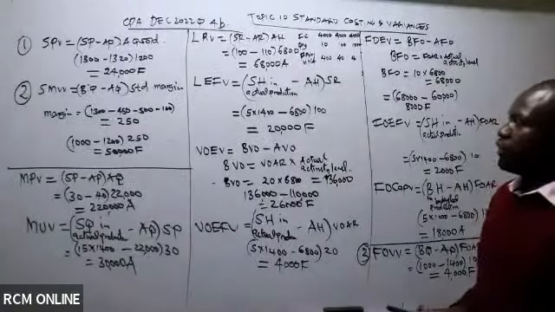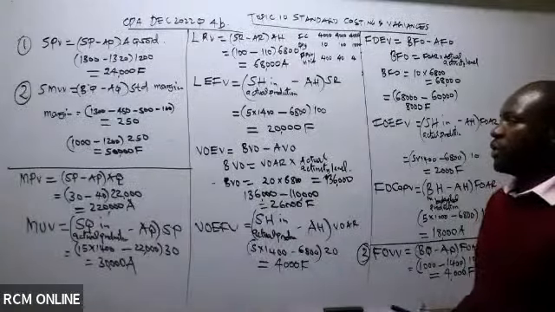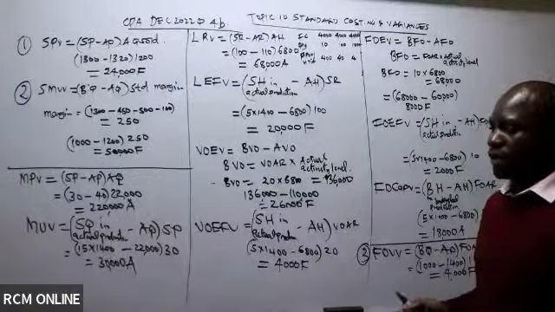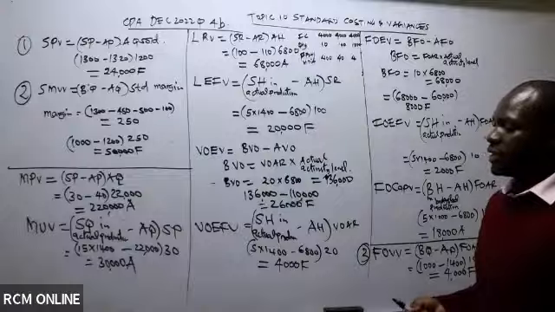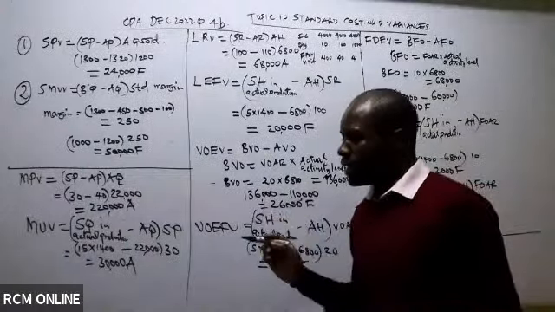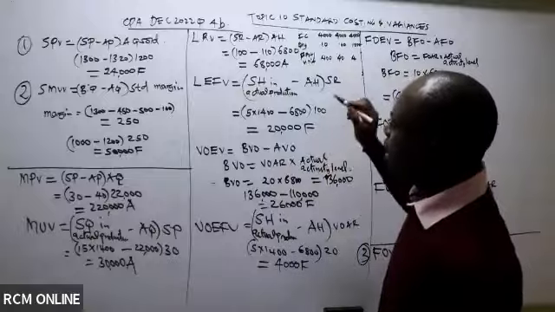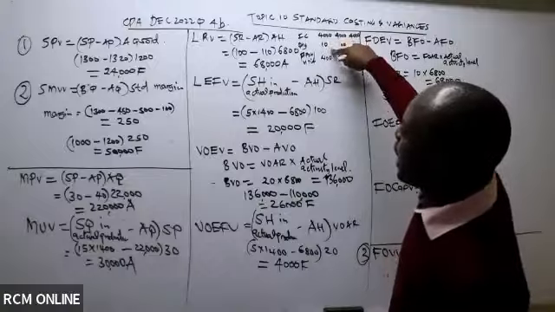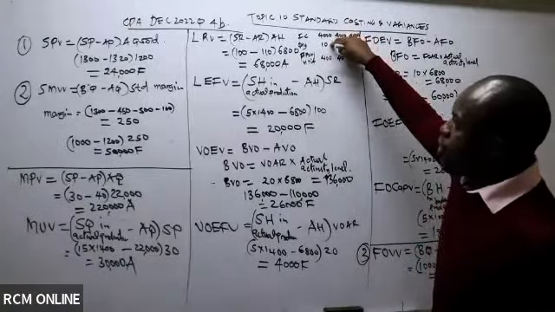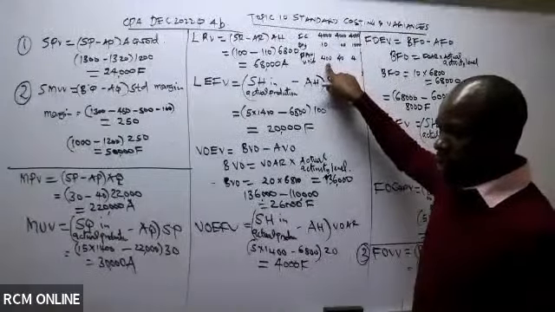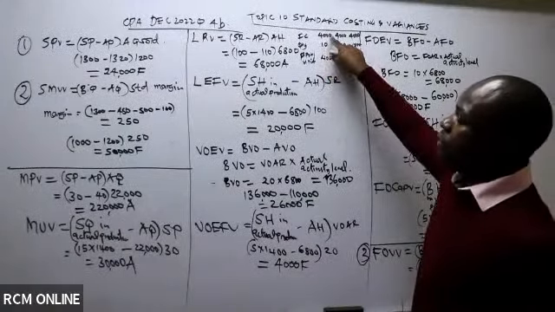Okay, I want us to pick it from this point. You are in business, you are doing wholesale, right? Maybe there are these parcels that are being sent to you. If 10 are delivered to you, you will be charged 400 per unit of these 10 to give you 4,000.